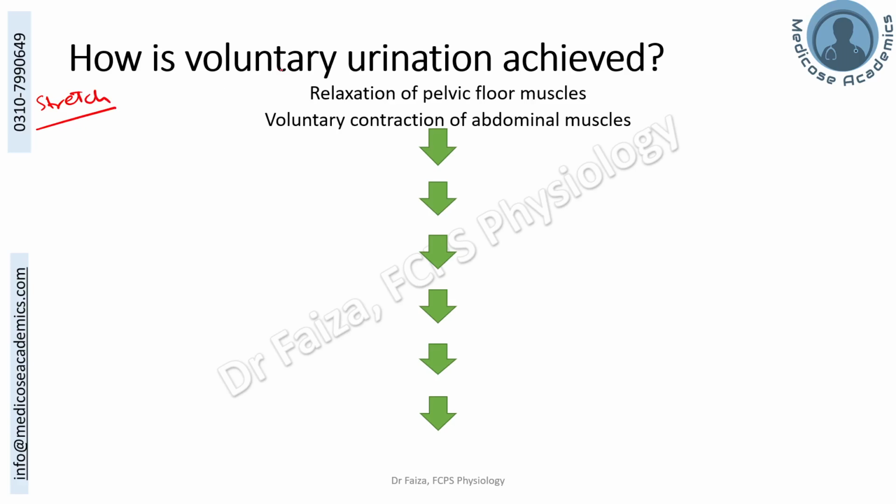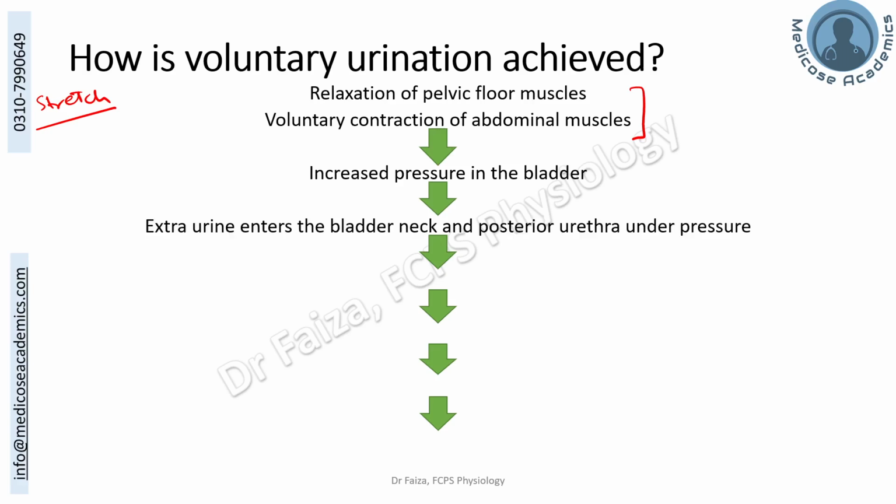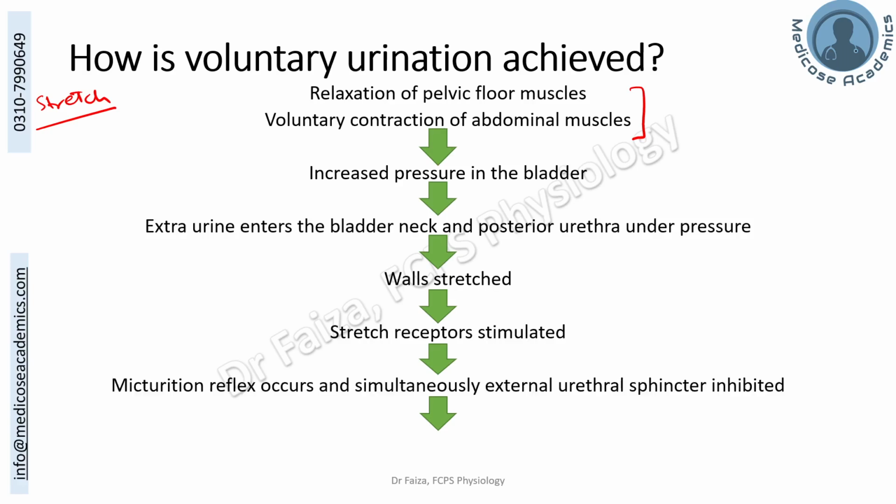On the other hand, voluntary initiation of the micturition reflex involves the relaxation of the pelvic floor muscles or contraction of the abdominal muscles. These two actions combined together can lead to increased pressure in the bladder, which will stimulate the stretch receptors in the bladder neck and the posterior urethra, and then this stretch will lead to the normal micturition reflex via the sacral segment of the spinal cord.